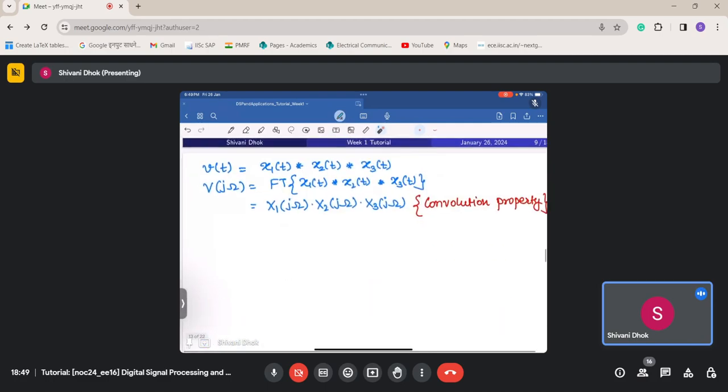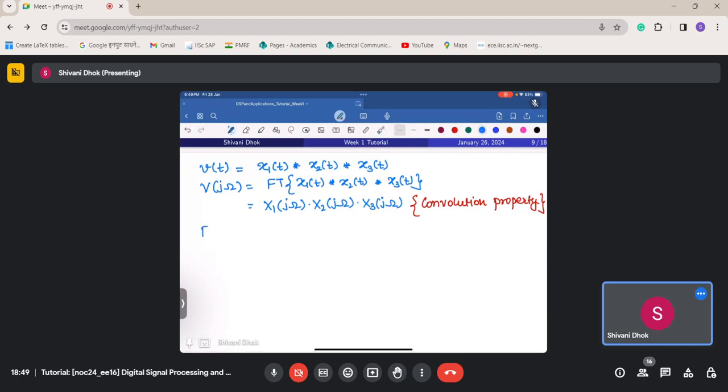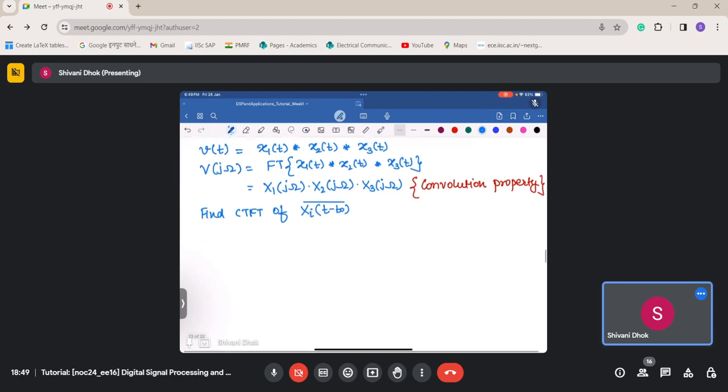In order to do that, let us find the Fourier transform, or rather to be specific, the CTFT of xi of t minus t naught, conjugate. Okay, so we need to find this.